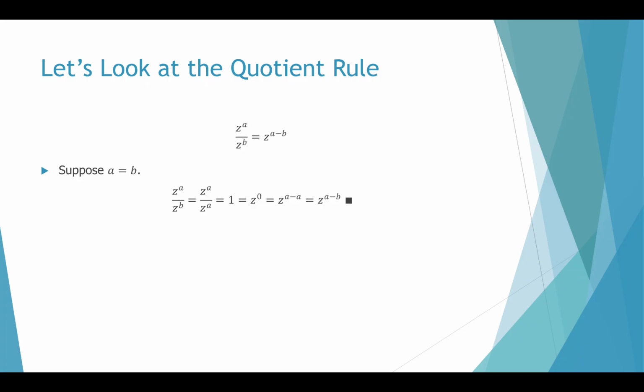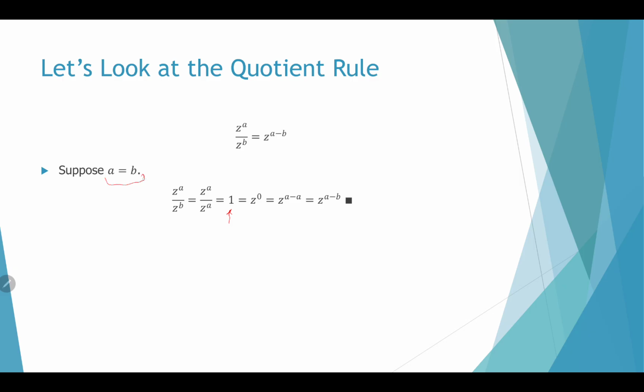So suppose a equals b. Well, then z to the power of a over b is equal to z to the power of a over a, which is equal to 1, which we know that 1 is also equal to z to the power of 0. And z to the power of 0, again, I'm using this piece.